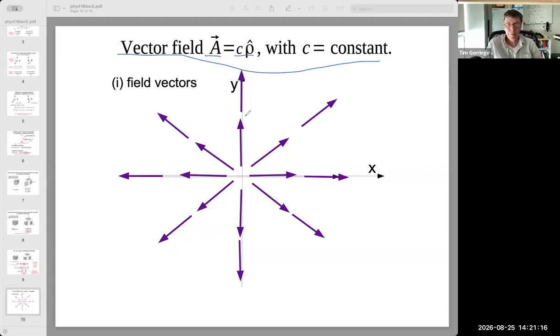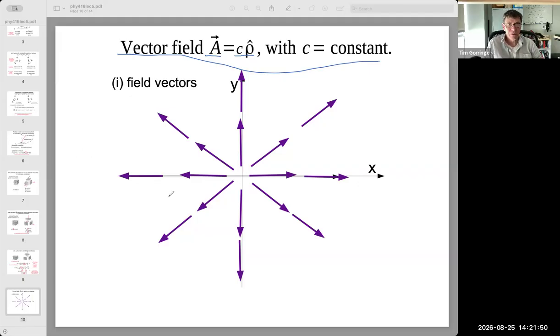If I look along the positive y-axis, the rho vector points along the positive y-axis, and I just see that constant field, A, along the positive y-axis. And in any other direction, any phi that I choose, I see a constant strength field. It's always just pointing away from the origin, which is the direction that the rho unit vector points in. So that's what the field looks like as drawing field vectors.